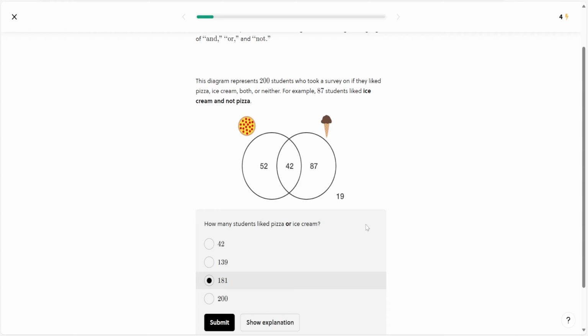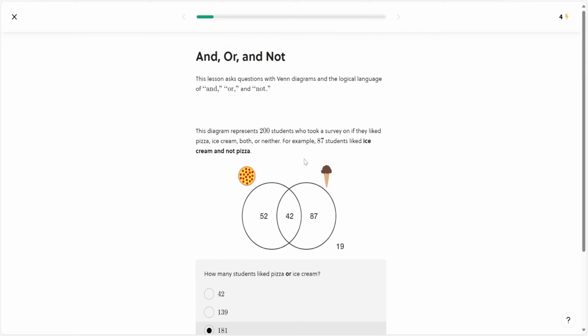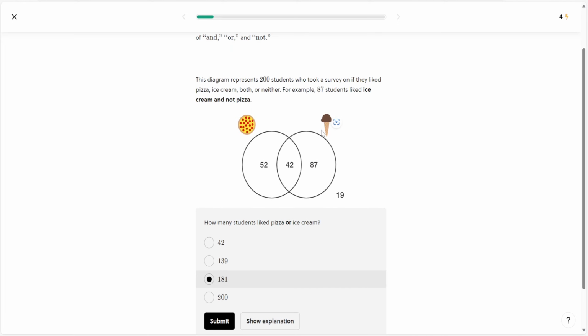It's like if you flip a coin and you say heads or tails, you can't have and or. It's just or. But in logic puzzles, apparently, or means and or. And I think that's what this particular test is going to demonstrate. So, how many students liked pizza or ice cream?